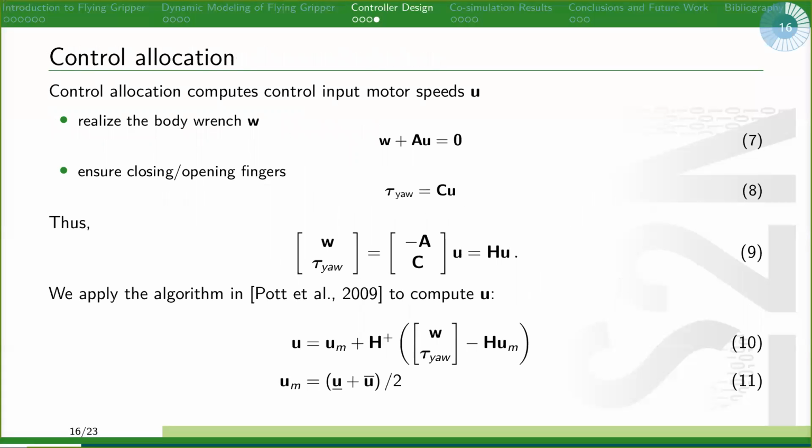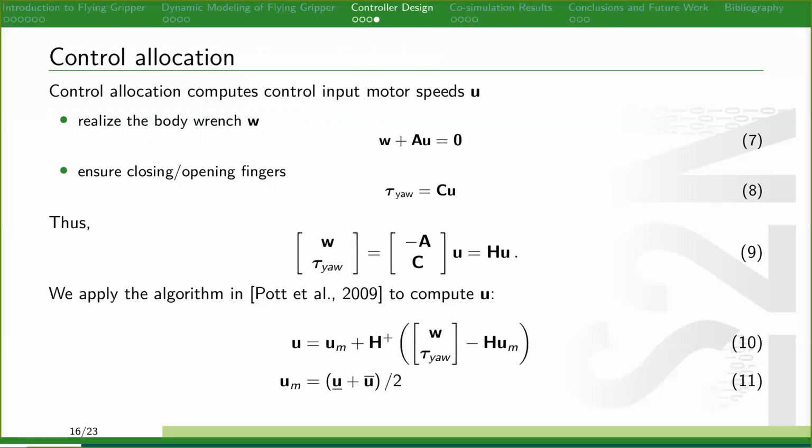The allocation algorithm is responsible for computing the control input U, which is a vector of motor speeds of all quadrotors. First, it must generate the required body wrench, which has been computed by the model predictive controller. This task is represented in equation 7.